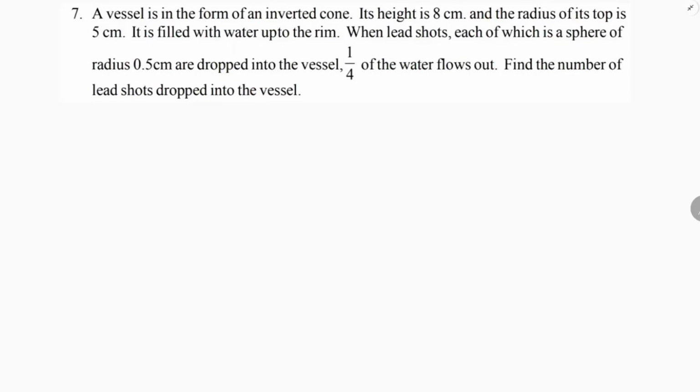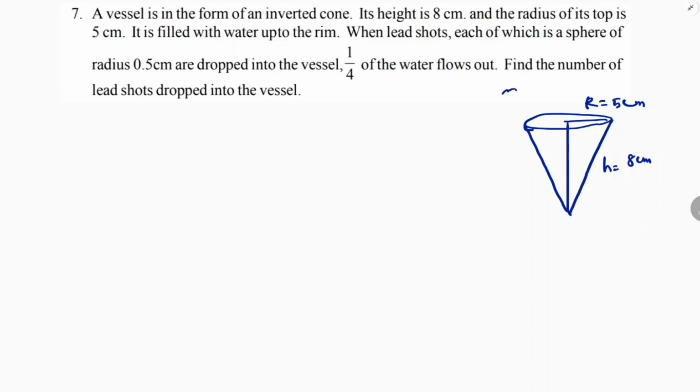So here, inverted cone whose dimensions are: radius of a cone, write capital R. Radius of a cone is here 5 centimeters and height of the cone is 8 centimeters.